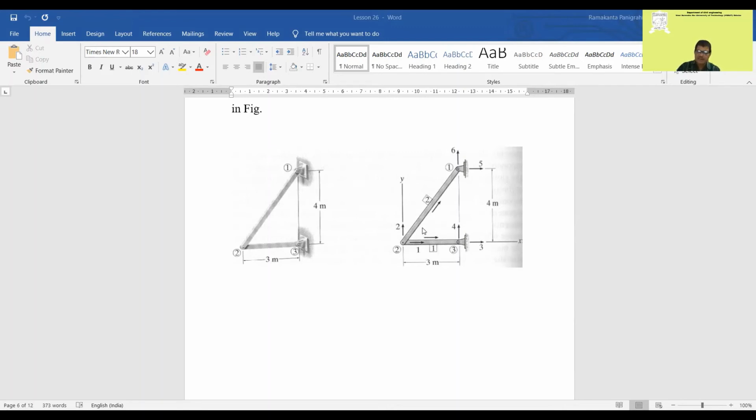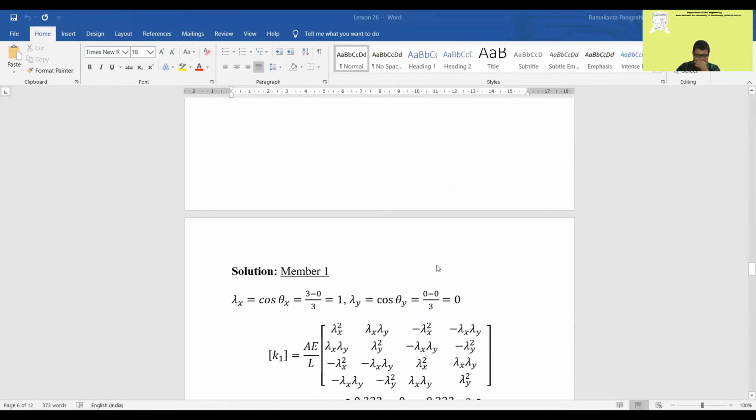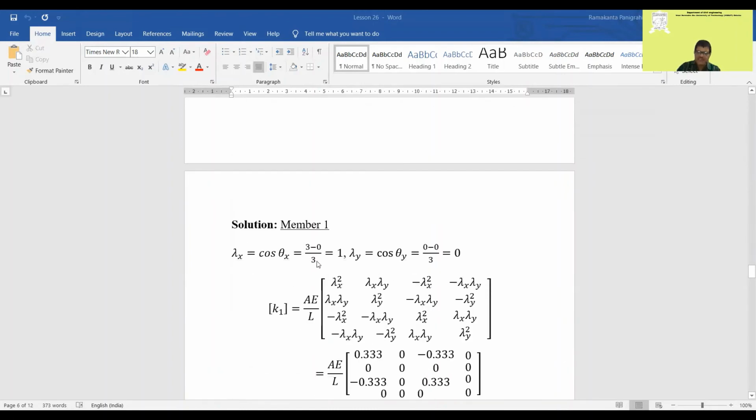For member 1, theta x is equal to 0, theta y is 90 degrees. And for the other member, we find the angle: tan theta is equal to 4 by 3. Because you know these coordinates, you can find lambda x, that is cos theta x, equal to 1.